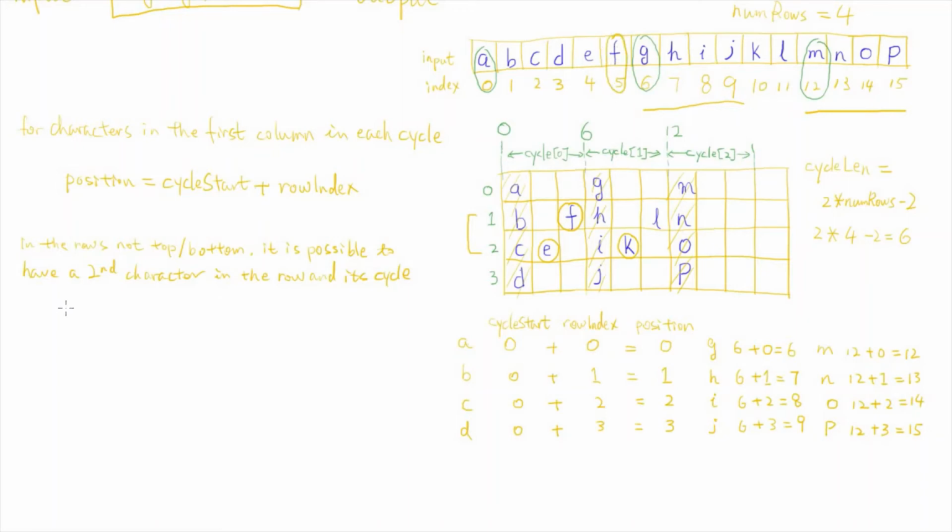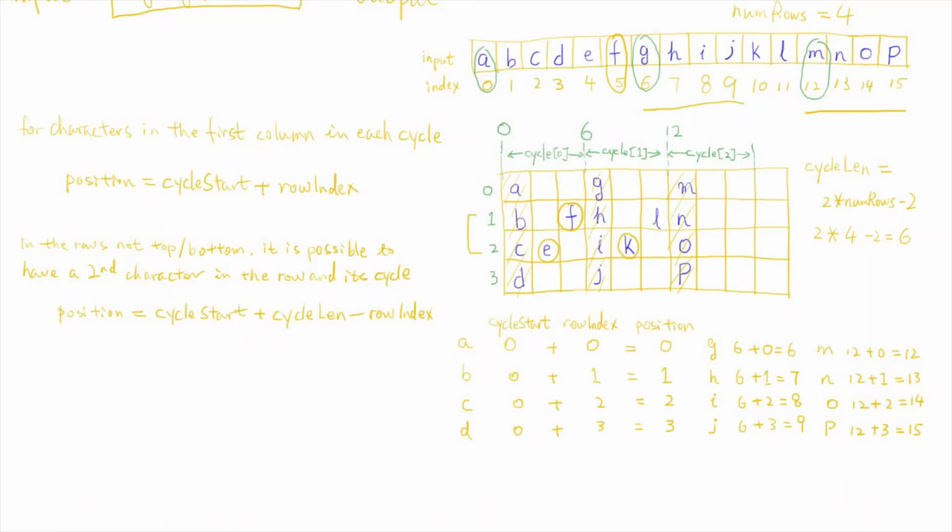So the formula is position equals cycle start plus cycle length minus row index.